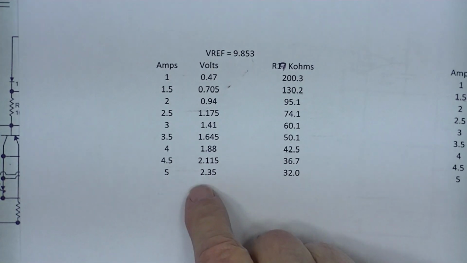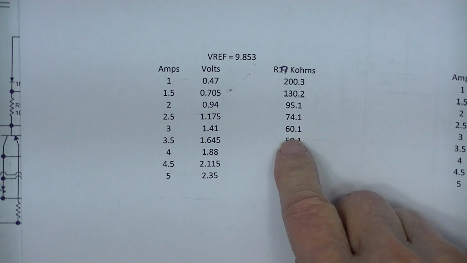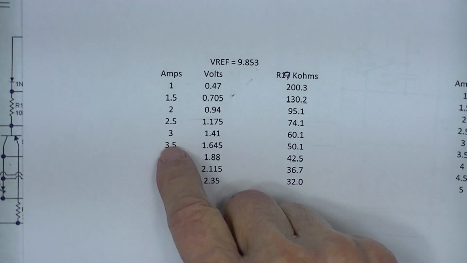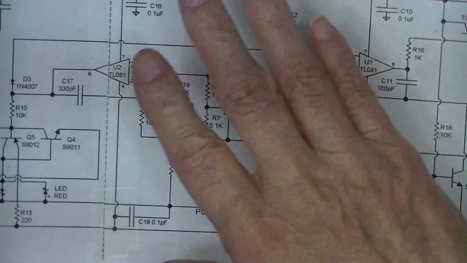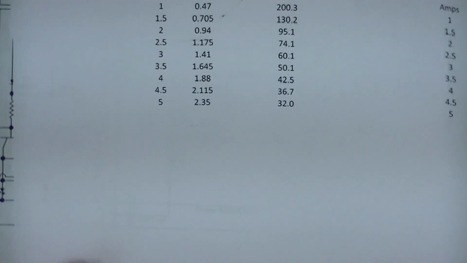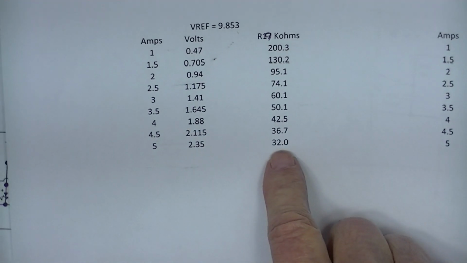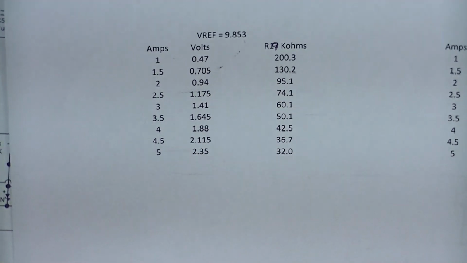Right now, R19 is a 56K, which puts the output slightly above 3 amps. I've been saying all along that this is actually the layout of the 3 amp board. If you want to have an output of 5 amps, you would have to reduce it to 32K. So there's your selection.